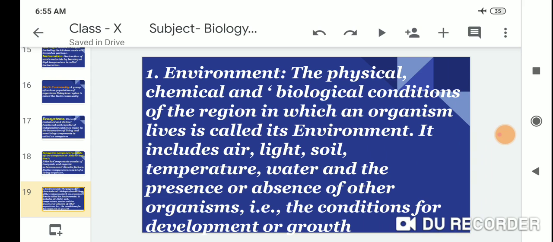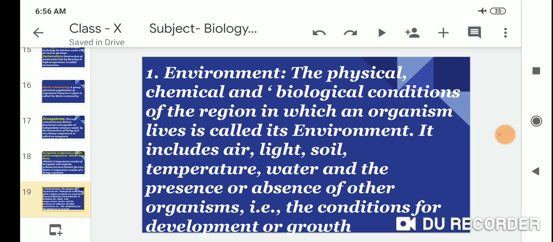First one is the environment. The physical, chemical, and biological conditions of the region in which an organism lives is called its environment.